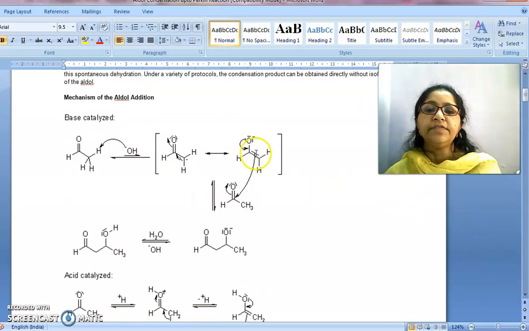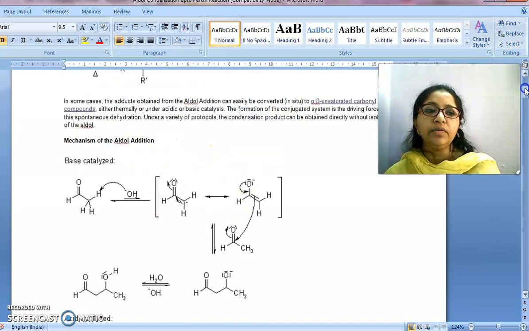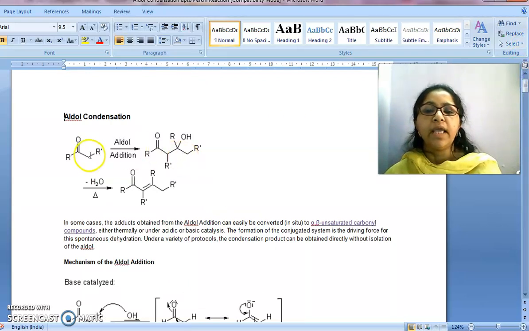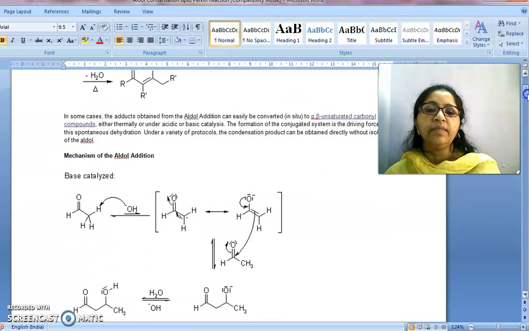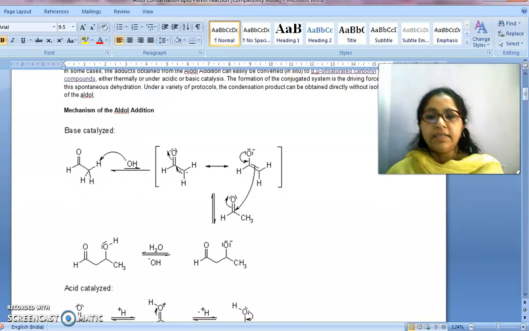Now this negative charge on the carbon can attack the carbon of the other carbonyl compound. So I said there are two molecules.